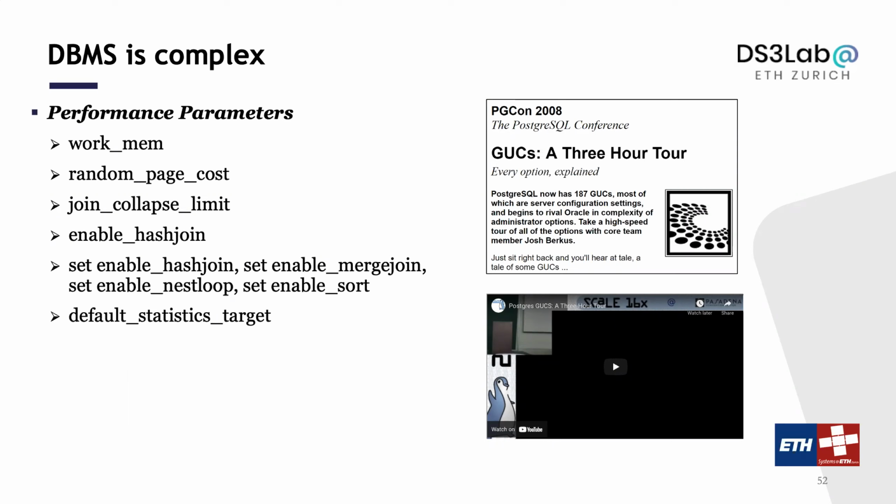That is the memory you are going to use when you're doing, for example, a sort merge join. How much memory can I use when I do sort merge? You can also specify the cost of random page access. Maybe I know beforehand you shouldn't do a hash join because it won't work, so you can disable hash join, and you can have a database system that will not do hash join at all. There are almost 200 of those that you can tune.